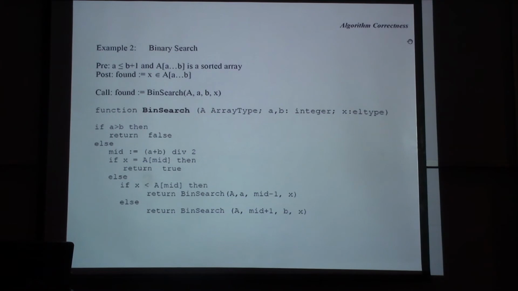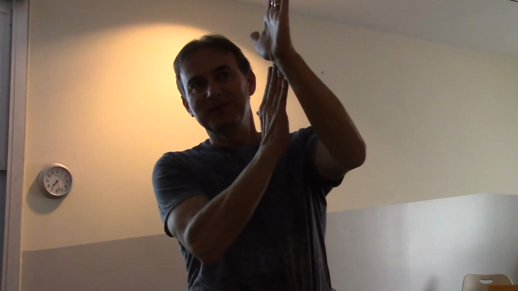Well, if a is equal to b, how many elements do I have? 1. If a is less than b, how many elements do I have? At least 2. But what if a is equal to b plus 1?